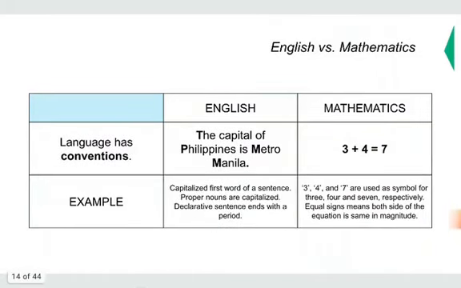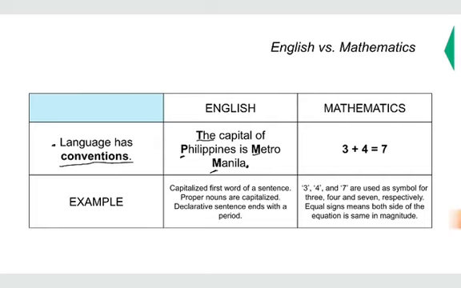Again, I told you a while ago, language has a convention, diba? So in English, we write the first word, tapos yung first letter niya, we write it in a capital. Kapag meron tayong complete sentence, we also have to end it with a period. Proper nouns such as Philippines and Metro Manila, dapat yung first letter ng kanilang salita ay malaking titik. 3 plus 4 equals 7.